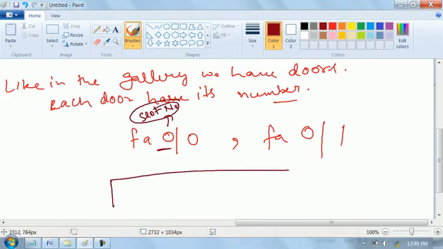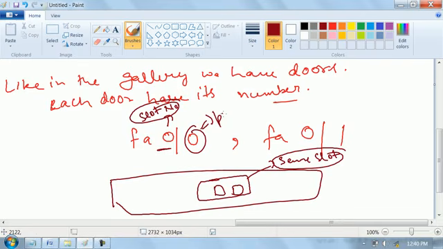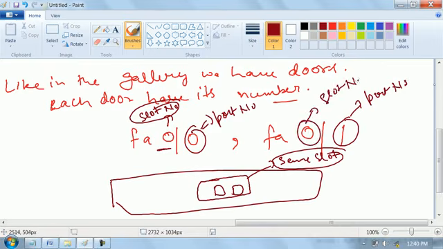This is a router. Here you will find ports. It means both the ports are located in the same slot. And what is this thing? Port number. This is the port number. This is the slot number.